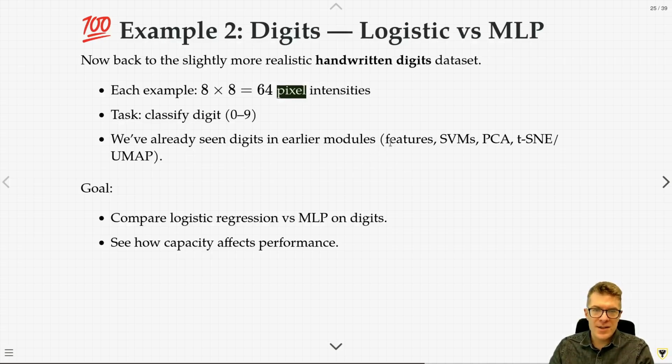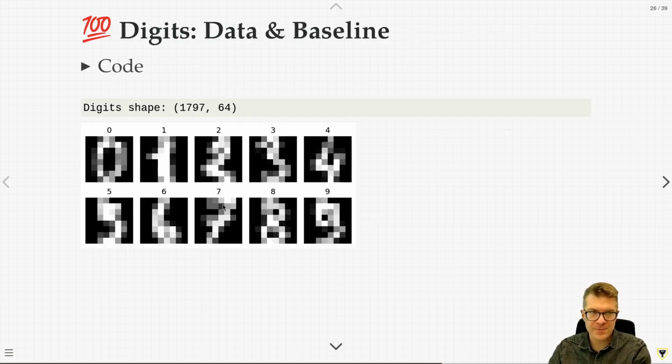We've already seen digits in earlier modules, so we know what we're going to deal with. And we're going to, again, compare logistic regression as a baseline to a feedforward neural network, otherwise known as a multi-layer perceptron, on this data set, and then play with capacity a little bit to see if it affects performance.